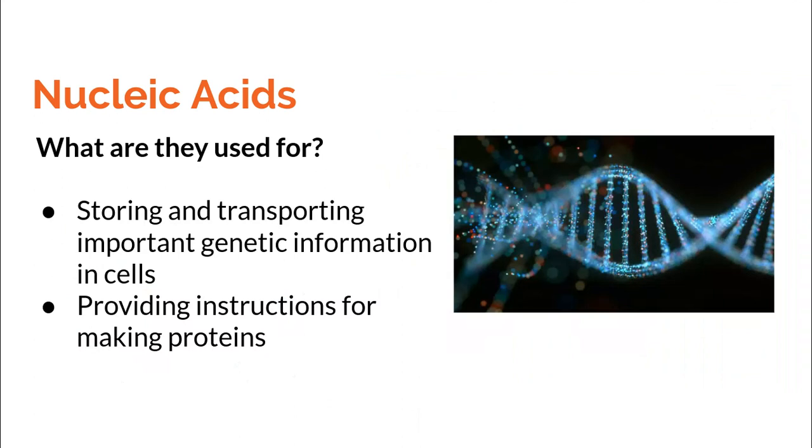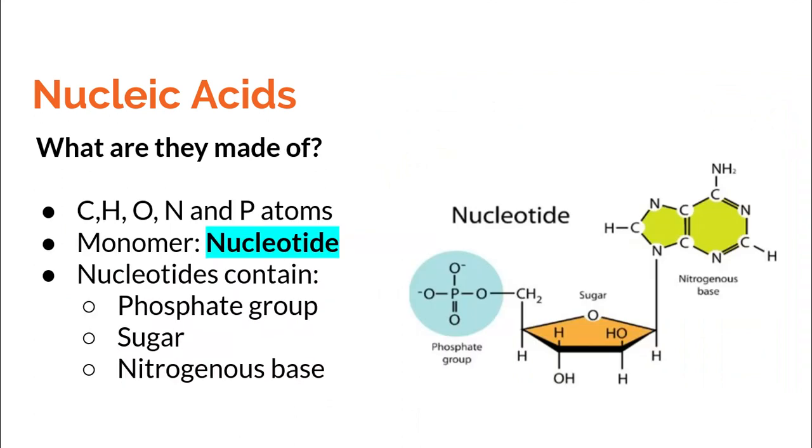They're basically the blueprints for creating living things. And then nucleic acids are also used as instructions or like recipes to tell our body how to make different proteins that we need. So those are two big roles there.